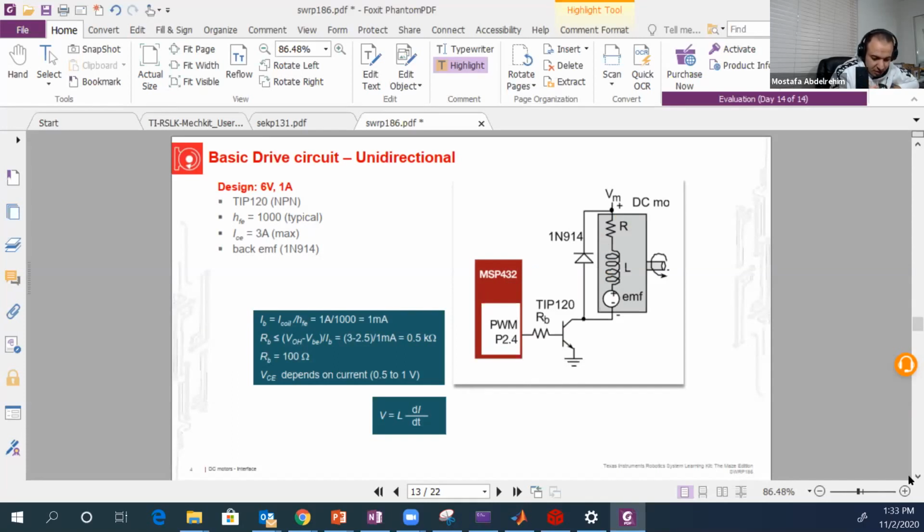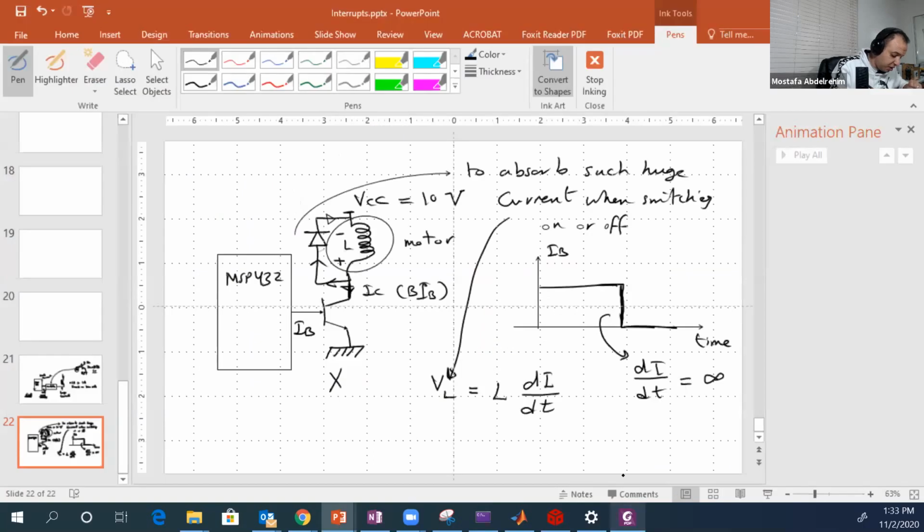the motor. There is a problem though, because this source here, VM, you provide the source to feed the motor, so you want all the voltage to go to the motor. But this VCC here, part of it will go to the motor between these two terminals, and another part will go to the transistor.